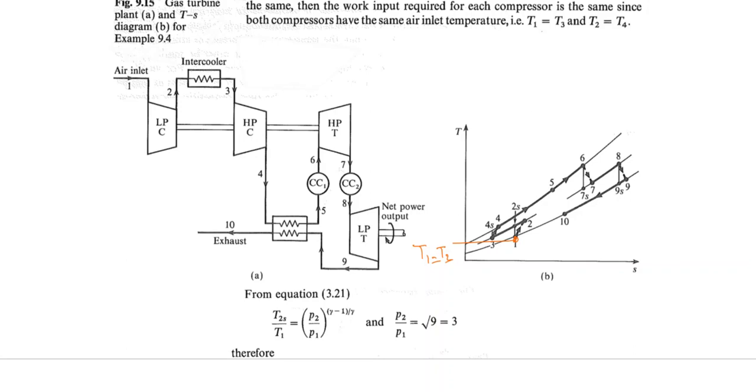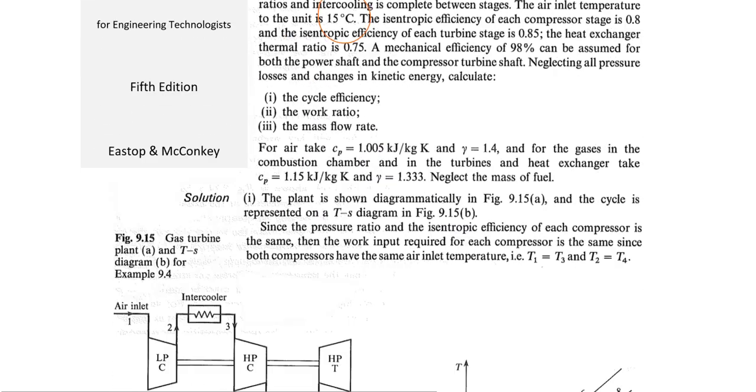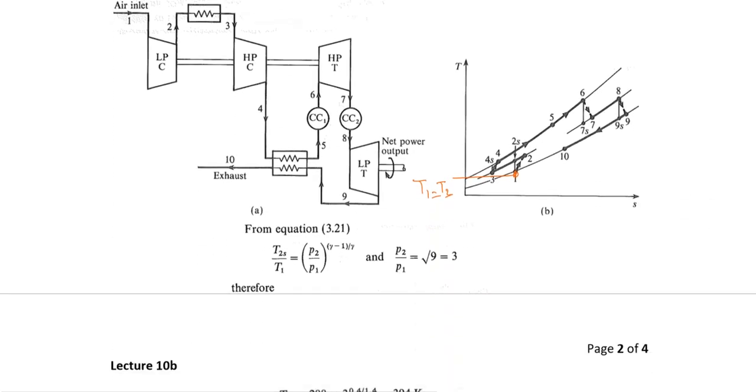Now we are compressing from state 1 to 2. For the isentropic compression, the pressure ratio given is 9:1 overall.